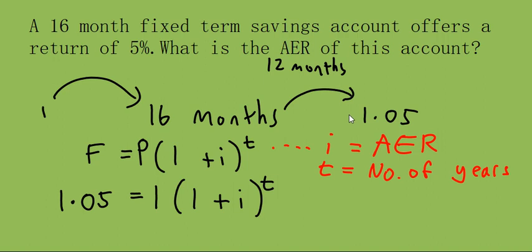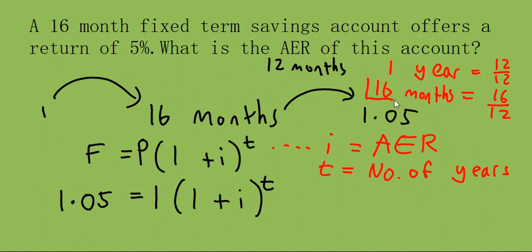How many months are in a year? 12 months, so 1 year is equal to 12 over 12 months. What is 16 months equal to in terms of years? 16 months in terms of years is going to be 16 over 12. So that's the amount of time this investment has been invested, 16 over 12 years. Just think of it as a fraction.